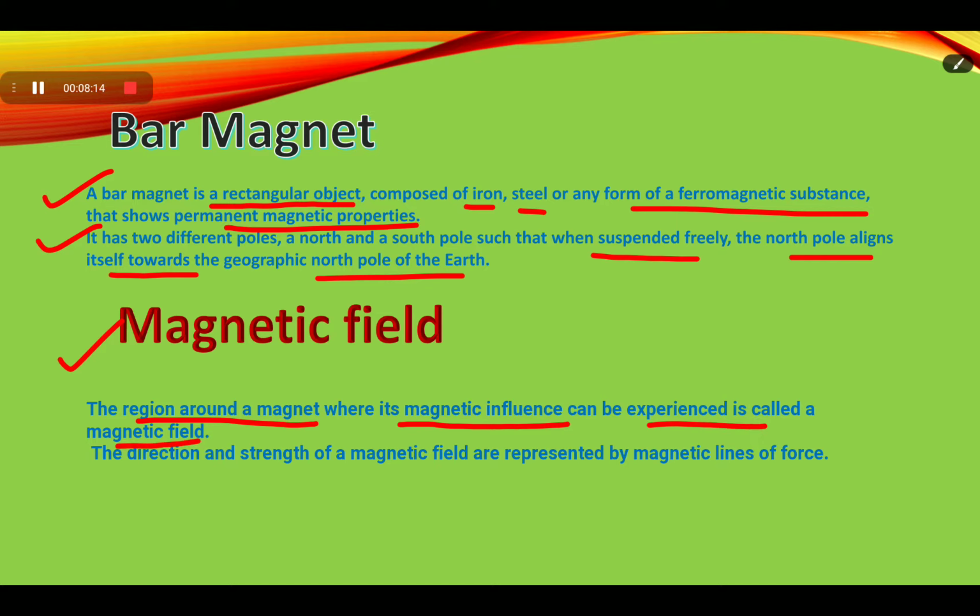It means the space or region around a magnet up to which its magnetic effect can be felt is called the magnetic field. The direction and the strength of the magnetic field are represented by the magnetic lines of force. But what are these magnetic lines of force?